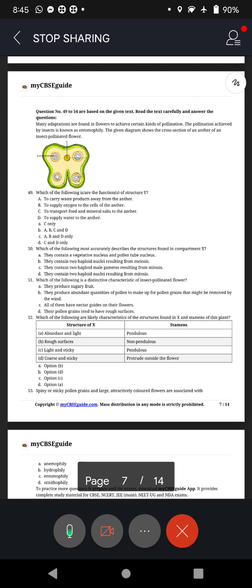Now A, they contain vegetative nucleus and pollen tube nucleus. B, they contain two haploid nuclei resulting from meiosis. C, they contain two haploid male gametes resulting from mitosis. D, they contain two haploid nuclei resulting from mitosis. Pick up the one that is very close and best answer.